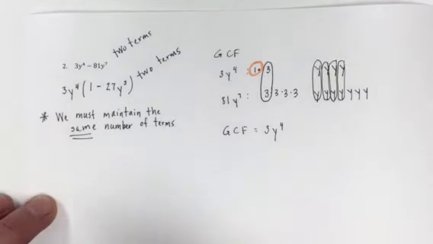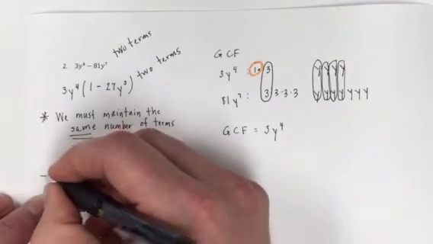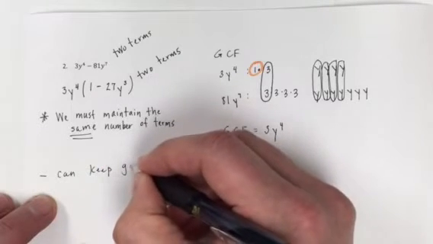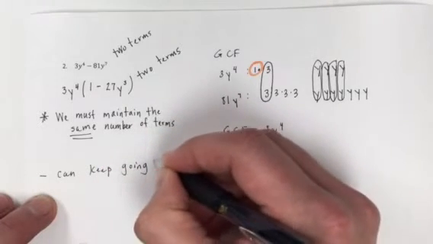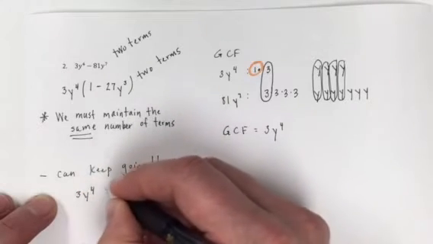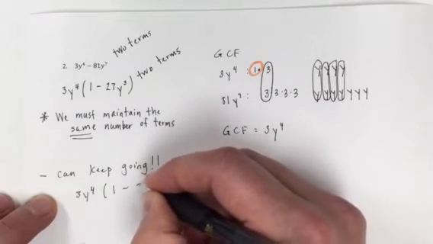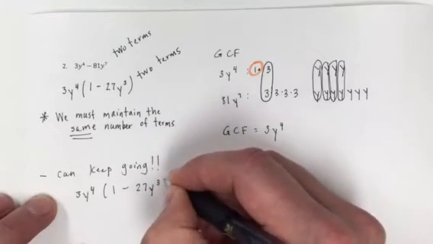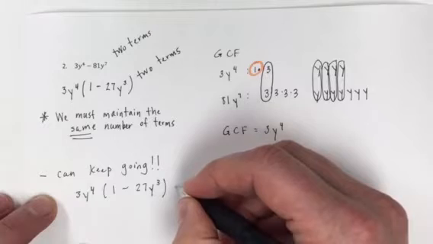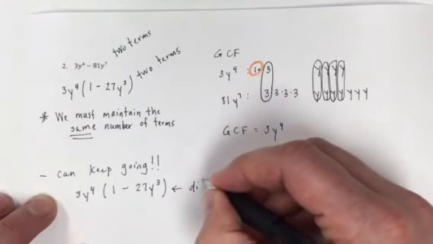But I also noticed that I can keep going. So 3y to the 4th times 1 minus 27y to the 3rd actually has the form of difference of cubes.